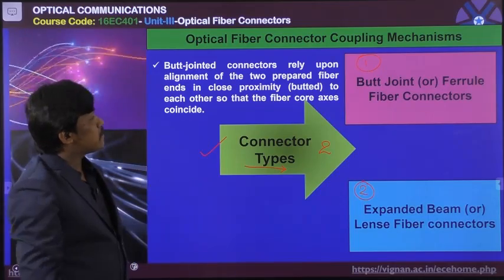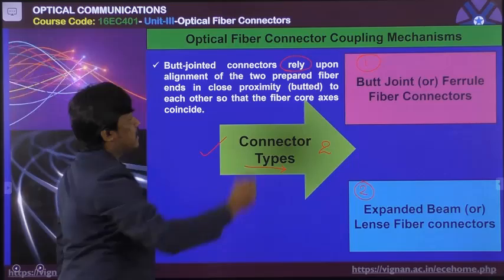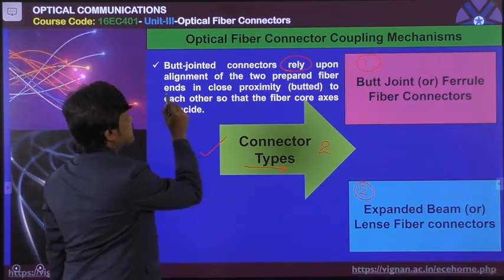These butt joint connectors rely upon alignment of two prepared fiber ends.